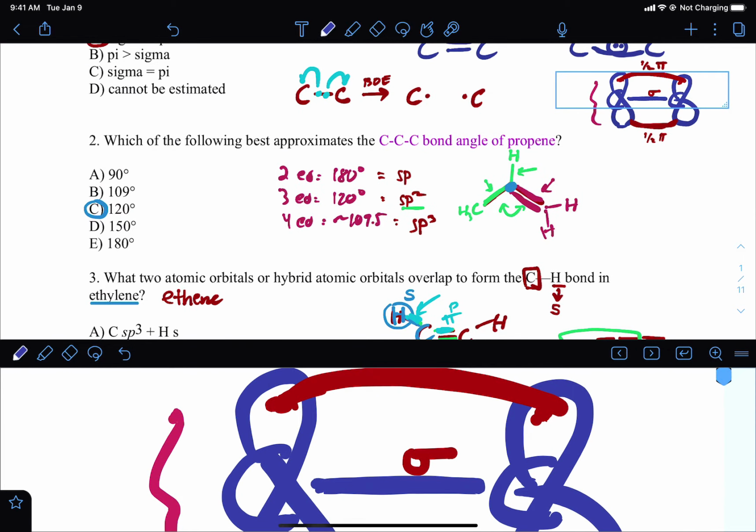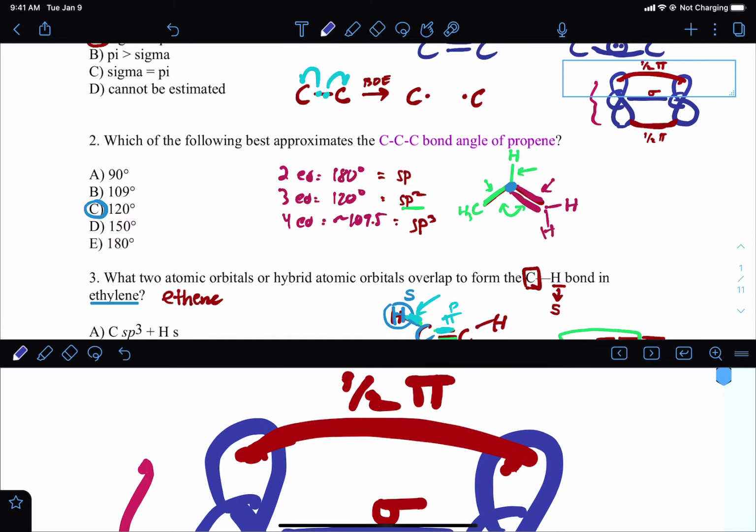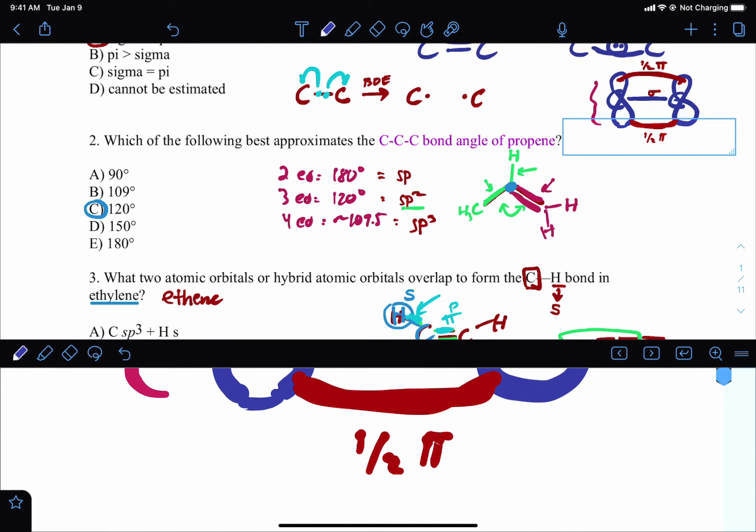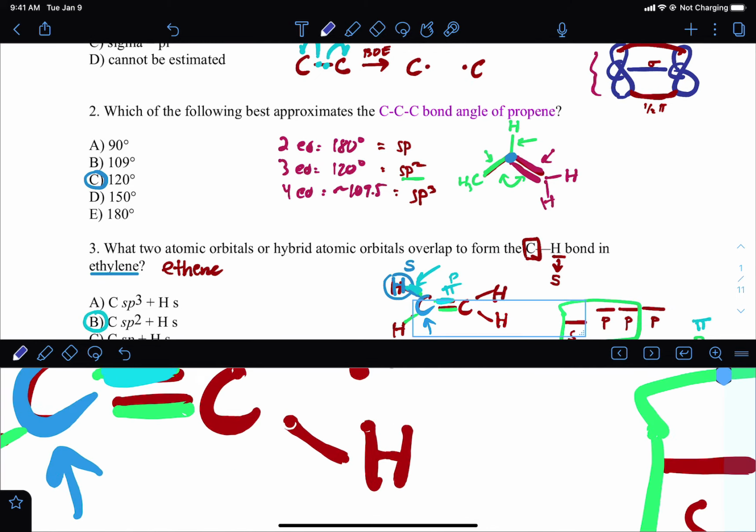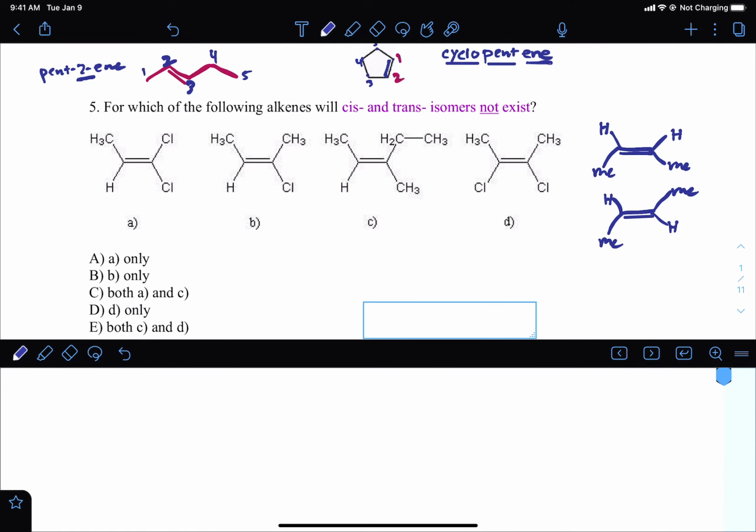Because of the fact that the pi bond requires that the orbitals overlap side to side, an atom pair that's pi bonded can't rotate around that bond. Okay, the pi bond is rigid. There's no rotation, because if it rotated, it would break the bond, and it just doesn't happen.